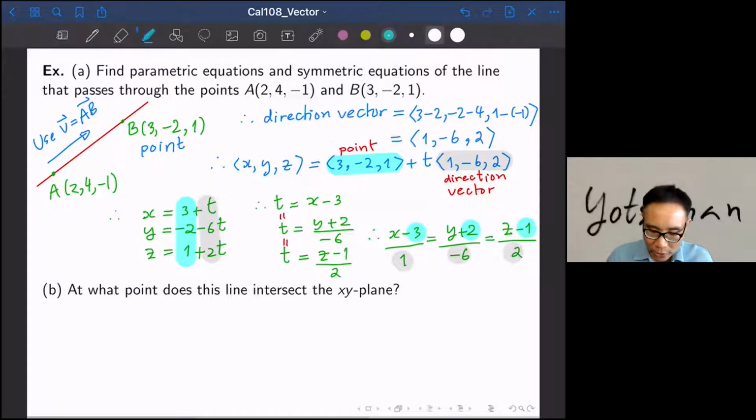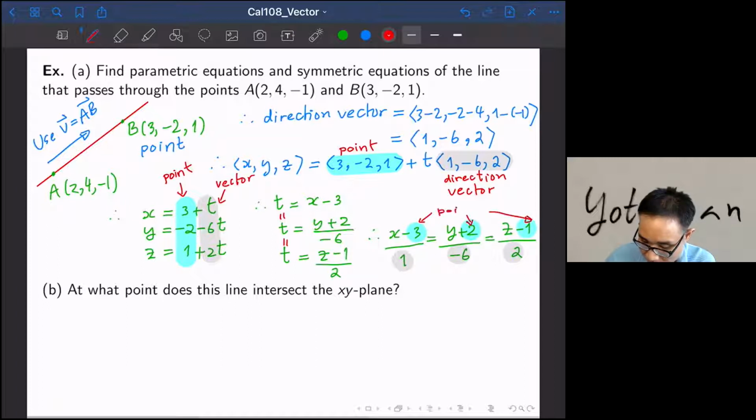So you see the places where I'm using the point and the places where I'm using the vector. So that is going to be another kind of equation.